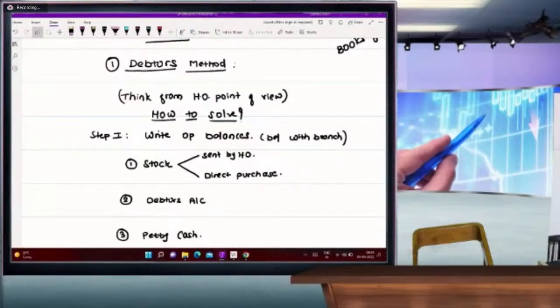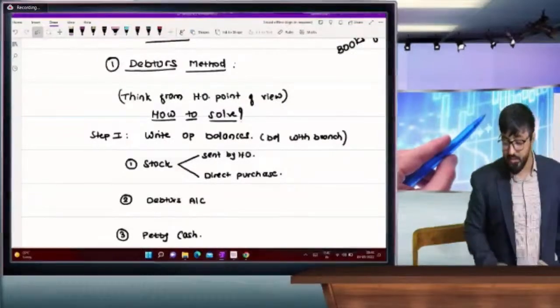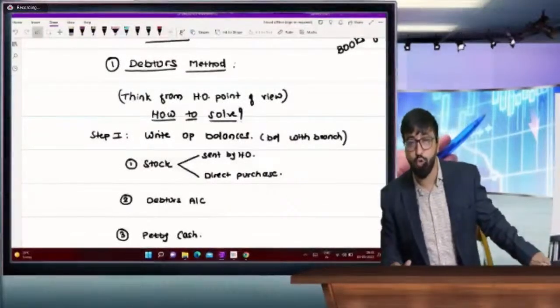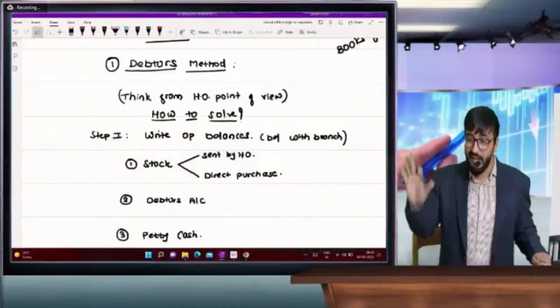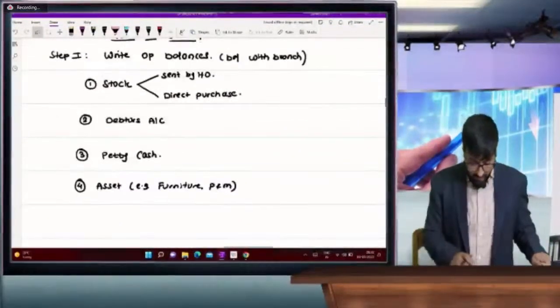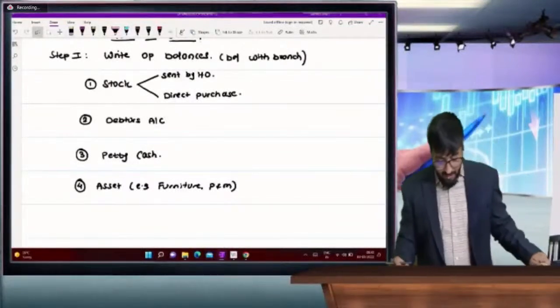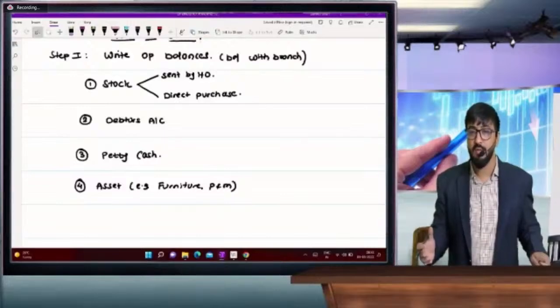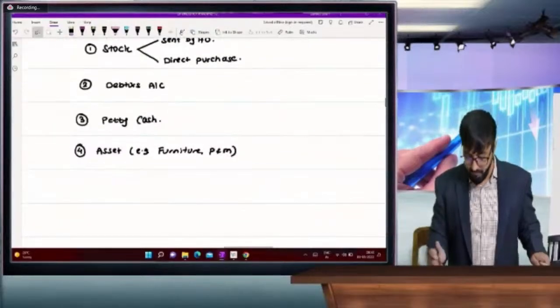So I request everyone to focus now. Now it's time to understand the problems part. Once you get the technique of how to solve, this chapter is nothing. It's very simple. Opening balances: whatever balances are with branch, we are going to write over here.